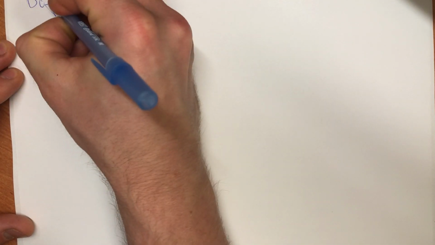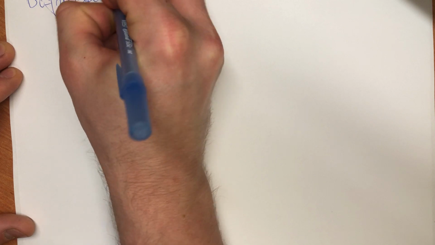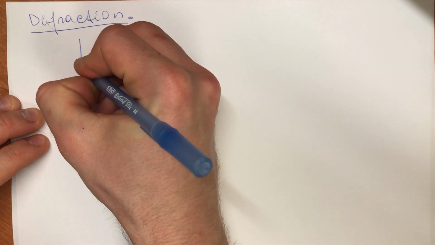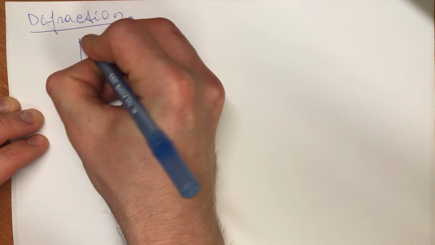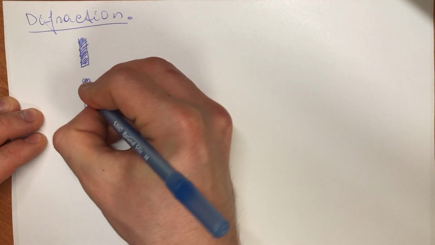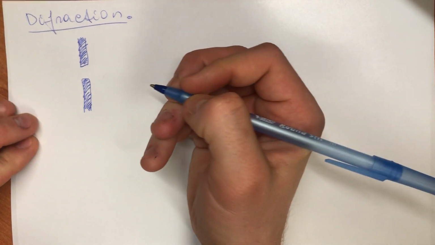Now, wave diffraction. Diffraction of a wave is the spreading of a wave as the wave passes a narrow opening.